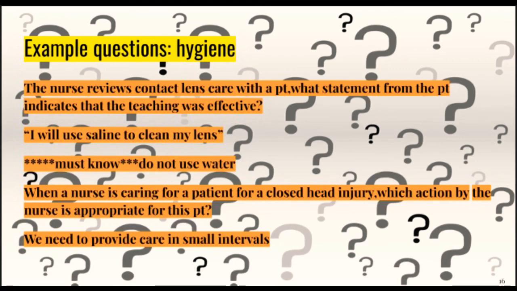We want to take our time and do everything little by little, and if they want to rest, we'll let them rest, and then we'll come back and continue with the bath and whatever we were doing with that patient.